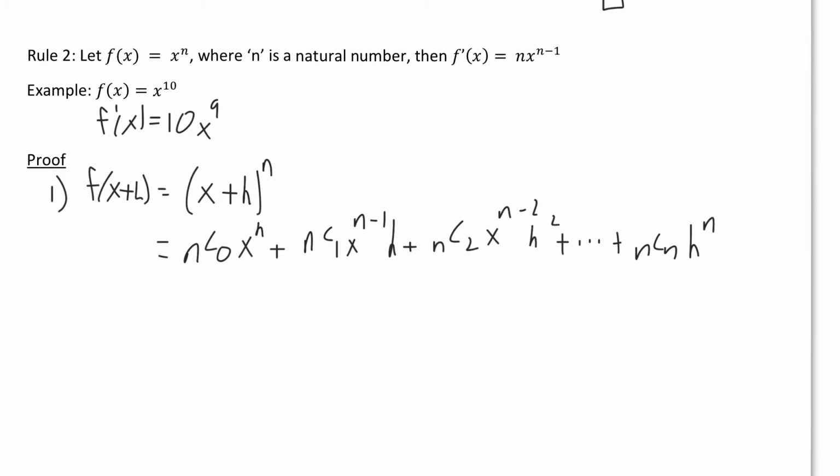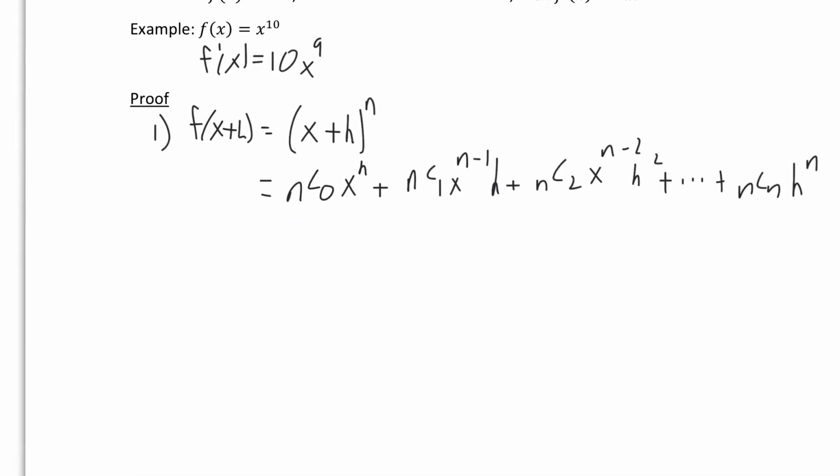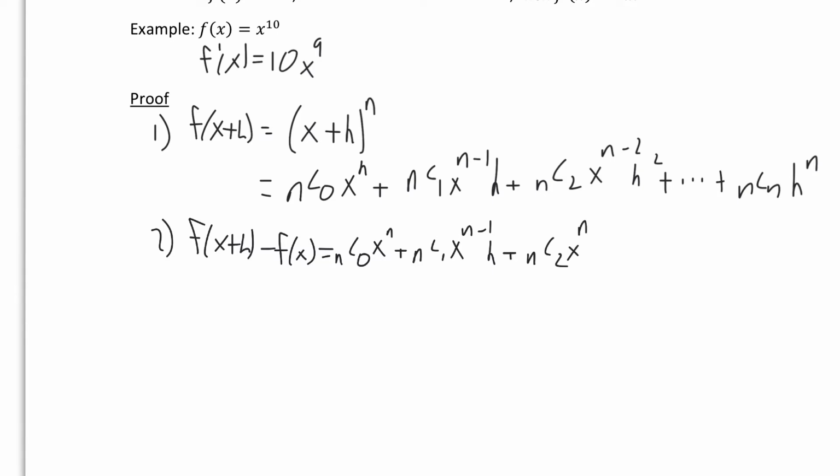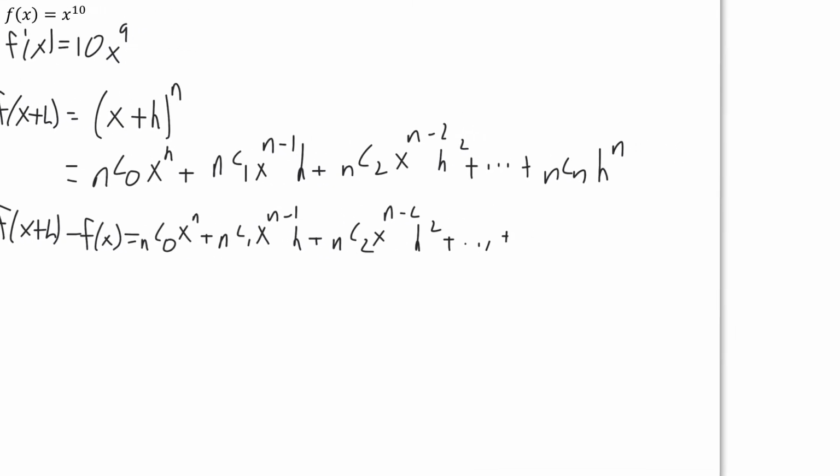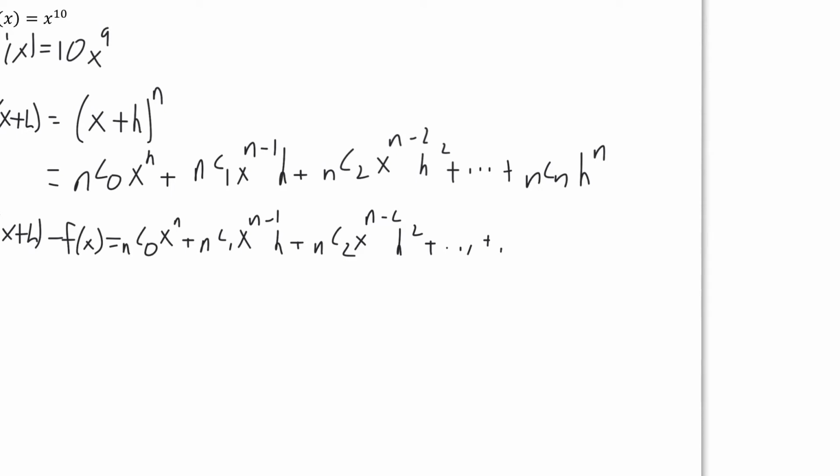All right, so now we can calculate step 2, f of x plus h minus f of x. Well, f of x plus h is the same thing, so nC0 x to the n, nC1 x to the n minus 1 h, nC2 x to the n minus 2 h squared, plus dot dot dot, nCn h to the n, minus, well, f of x is x to the n.